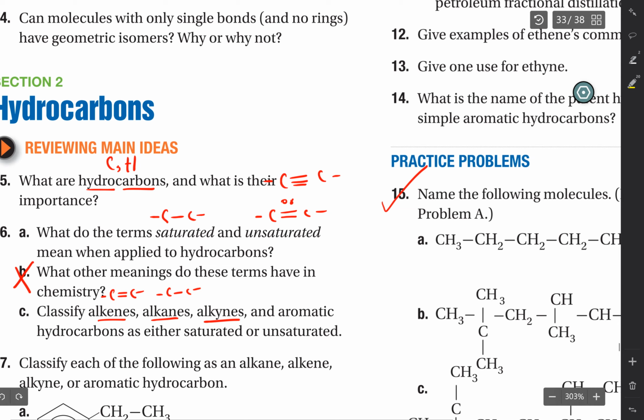Alkynes are hydrocarbons which have a triple bond between carbon and carbon, so they are also unsaturated. And aromatic hydrocarbons are hydrocarbons which have the benzene ring inside, and you know that inside the benzene ring we have three double bonds. So the aromatic hydrocarbons are also unsaturated.